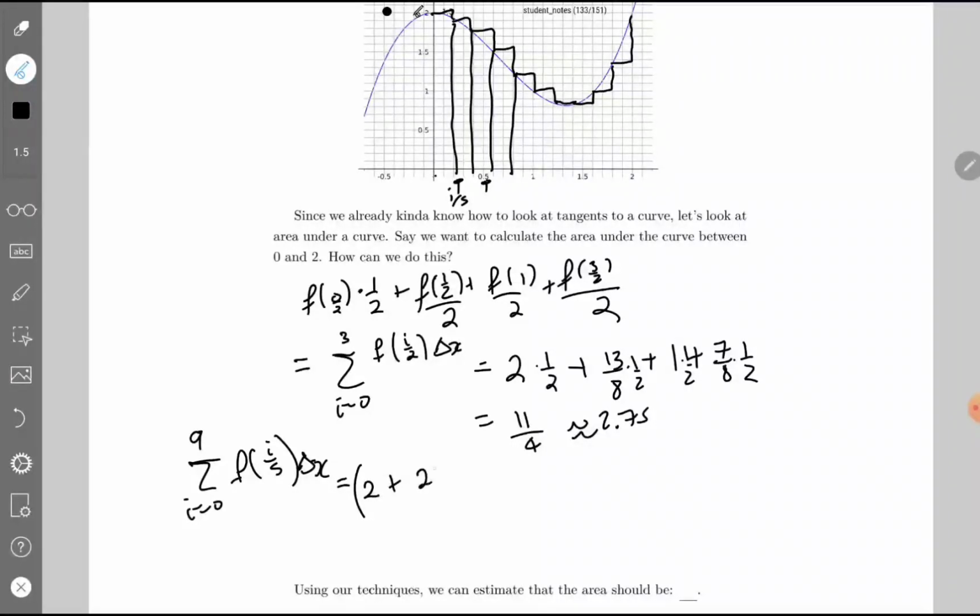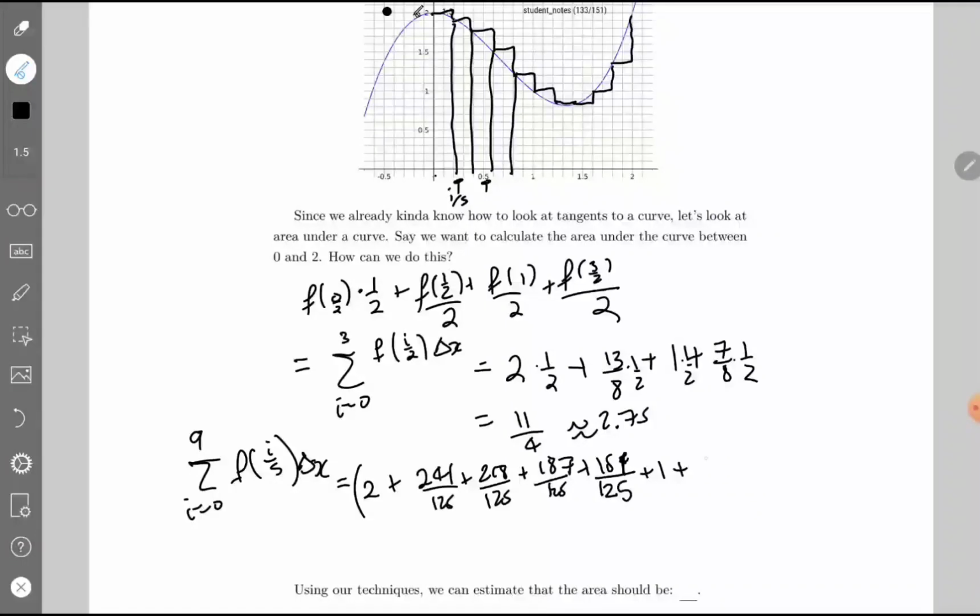I have 2 plus 241 over 125 plus 218 over 125 plus 187 over 125 plus 154. You don't have to write this down if you don't want to. I'm writing very much not neat in this case.